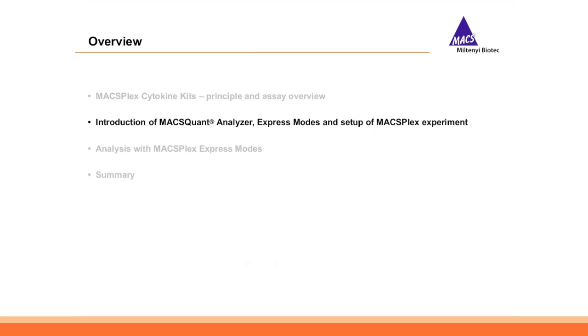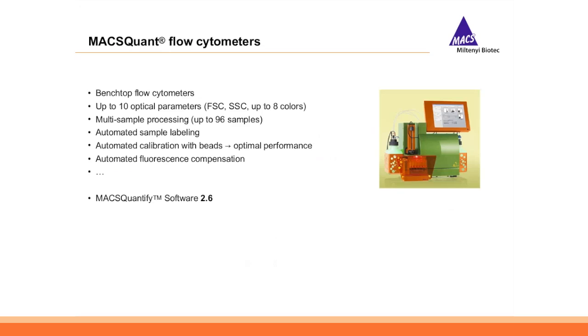So now I come to the second part of my talk. I'm going to introduce our MACSQuant Analyzer, our Express Modes, and show you how to set up a MACSPlex experiment. Our MACSQuant flow cytometers are benchtop flow cytometers with up to 10 optical parameters, so forward scatter, side scatter, and up to 8 colors.